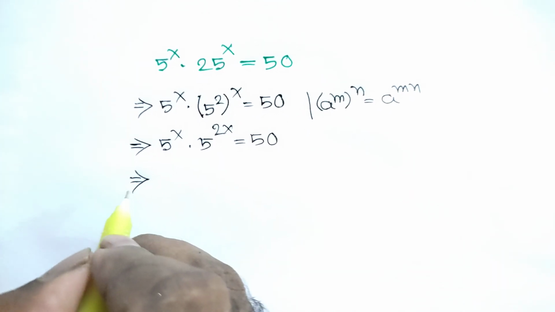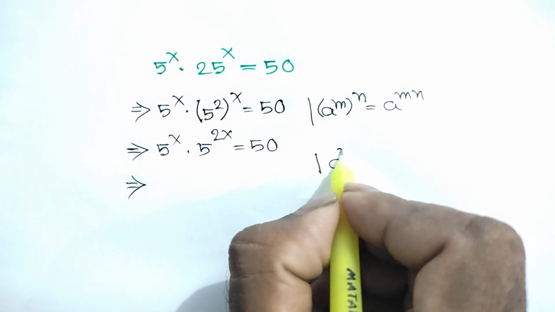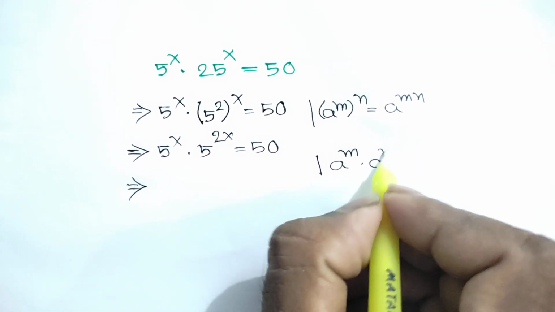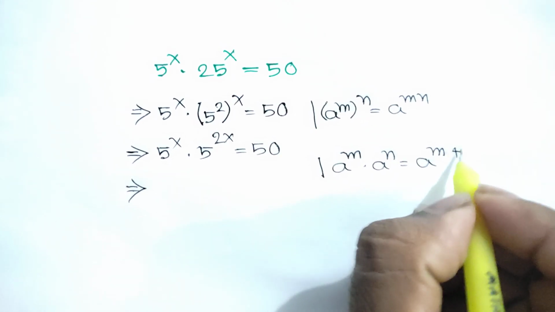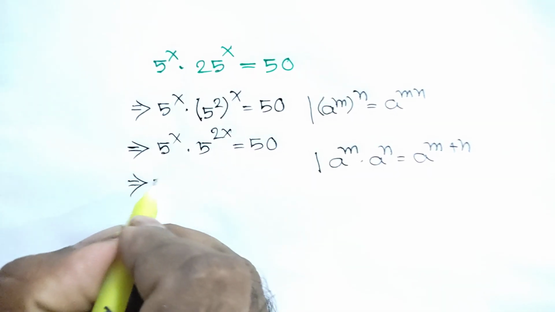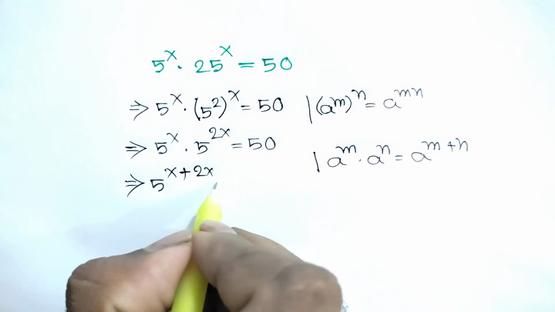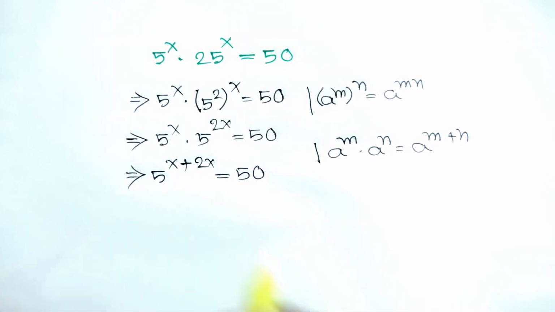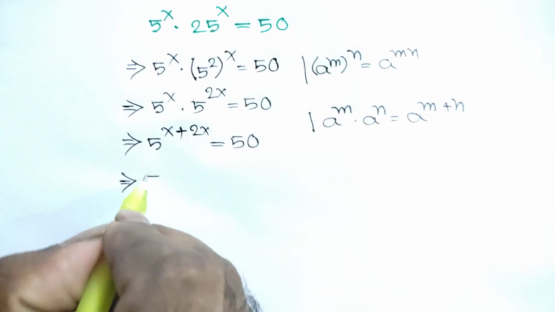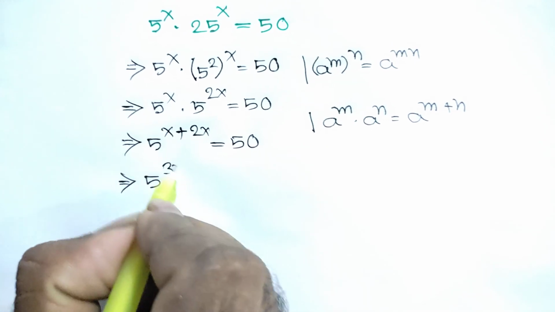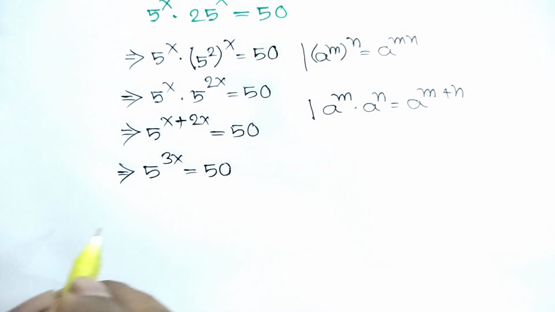Again applying another formula, a to the power m times a to the power n is equal to a to the power m plus n. So we can write here 5 to the power x plus twice x is equal to 50, or 5 to the power x plus 2x, which is 3x, is equal to 50.